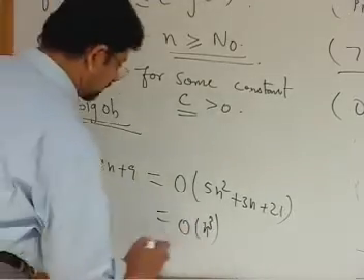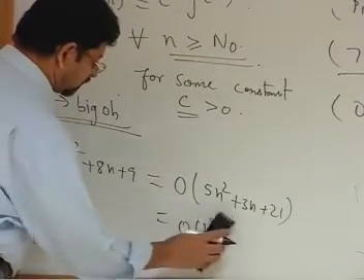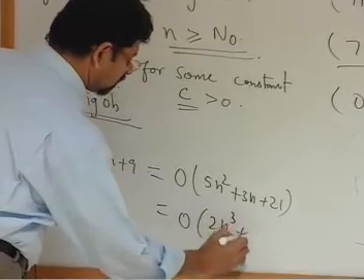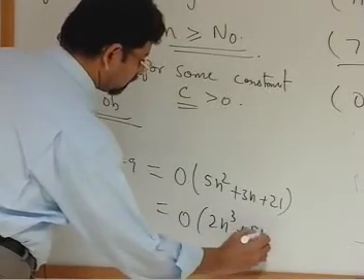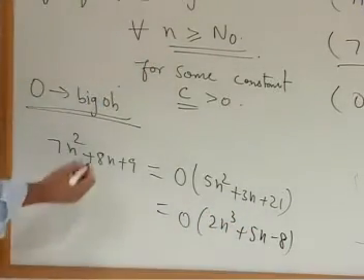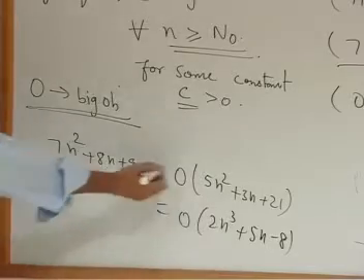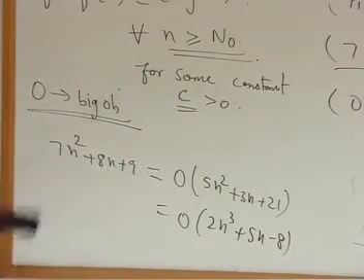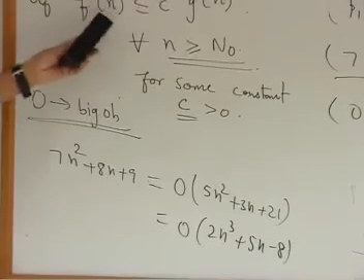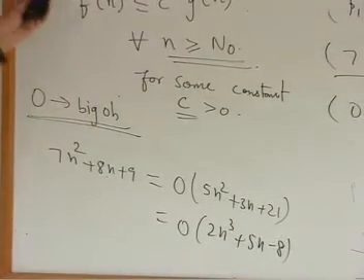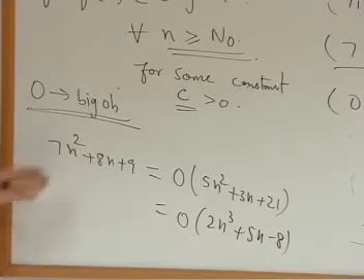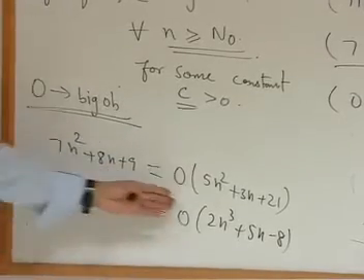You can write this as big O of 2n cube plus 5n minus 8. You can write it in any way you like. As long as this mathematical condition is satisfied, you can write f of n is of order g of n.